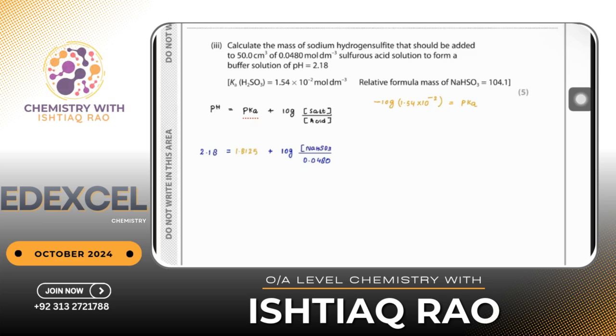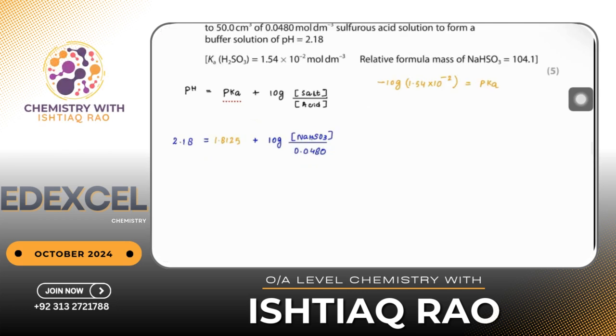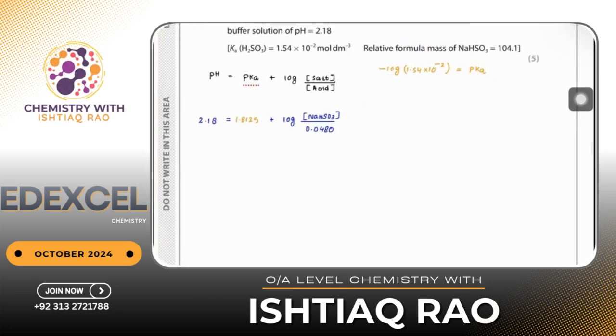NaHSO3. So what I would do in this case: 2.18 minus 1.8125 is equal to log, and I'm saying that this is x, and this is going to be 0.0480.